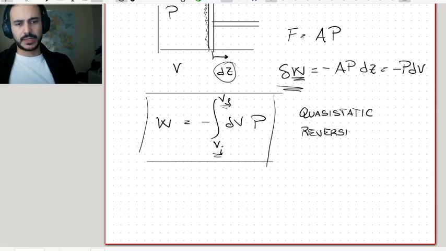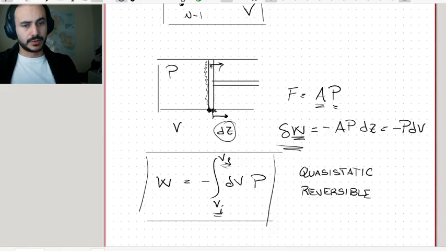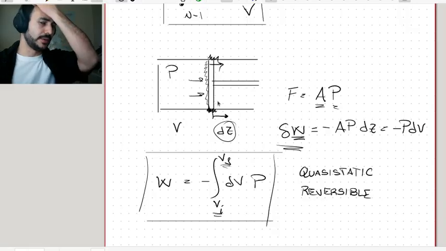So why is it that it's for a reversible situation? Well, because you're saying that the piston is being moved by an infinitesimal amount, differential of Z, and the force is just A times P. This is the minimum force that you would have to apply to move the piston. In general, you have to do a bit more, because there are frictional forces that you have to counteract. So in general, you would have to push harder than that. That's the bare minimum you would have to push with.